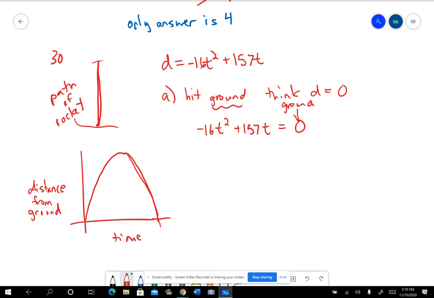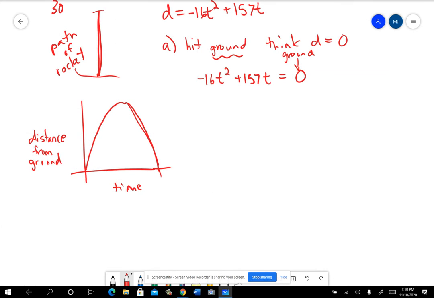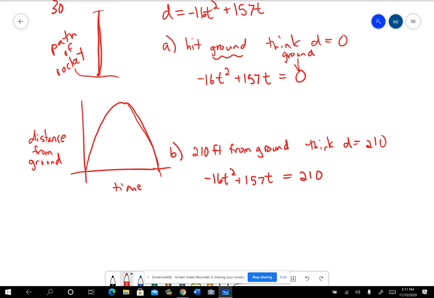Okay, so we'll finish that one, but let's go ahead and set up part B. All right, on part B, it says, at what time or times will the ball be 210 feet from the ground? You should still be thinking that that's telling you that D is 210. So on that one, you're going to have negative 16t squared plus 157t equals 210.